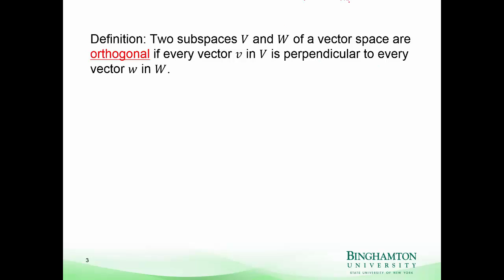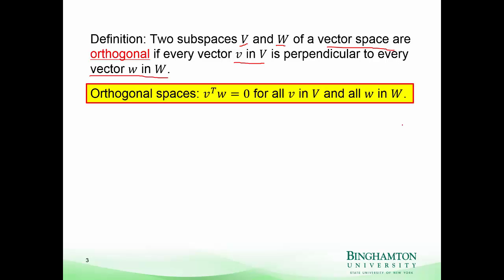So if we have two subspaces, let's just call one V and we'll call one W. So there are two subspaces of some vector space. We say that those two subspaces are orthogonal to each other if every vector v in the first space is perpendicular to every vector w in the second space.